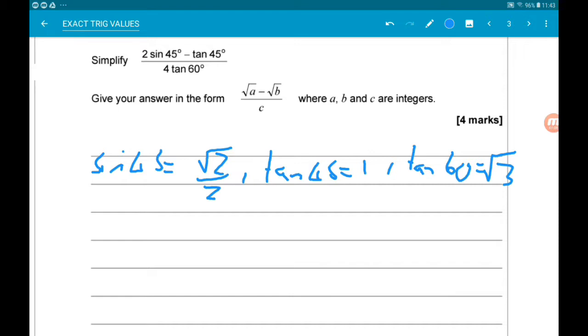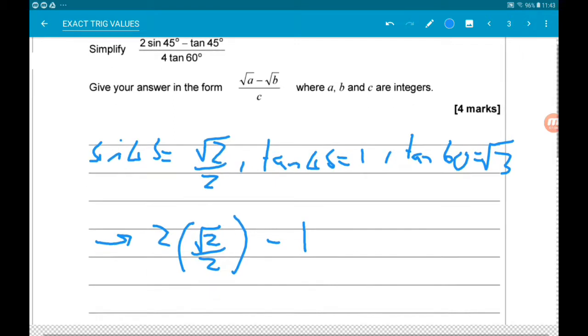Okay, so we are going to get then 2 lots of root 2 over 2 minus 1 all over 4 root 3.